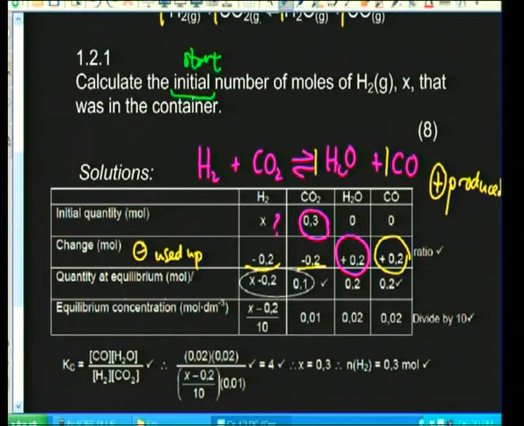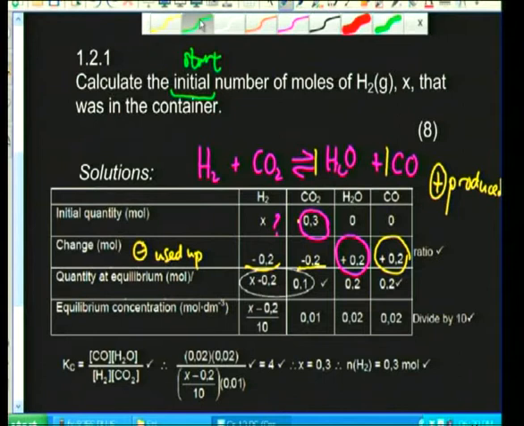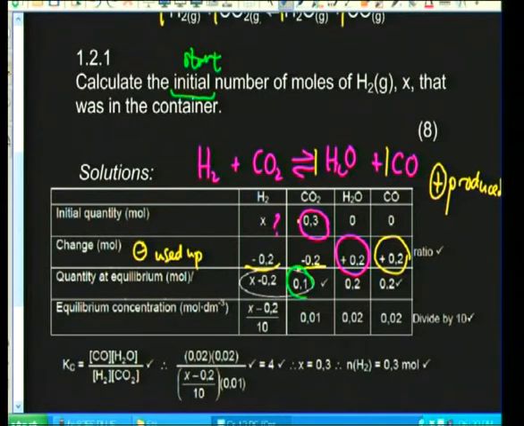So I have to work out what did I have minus what was used up. I'm going to be left with the 0.3 minus 0.2. So left over, if you like, there is only 0.1 moles of carbon dioxide.